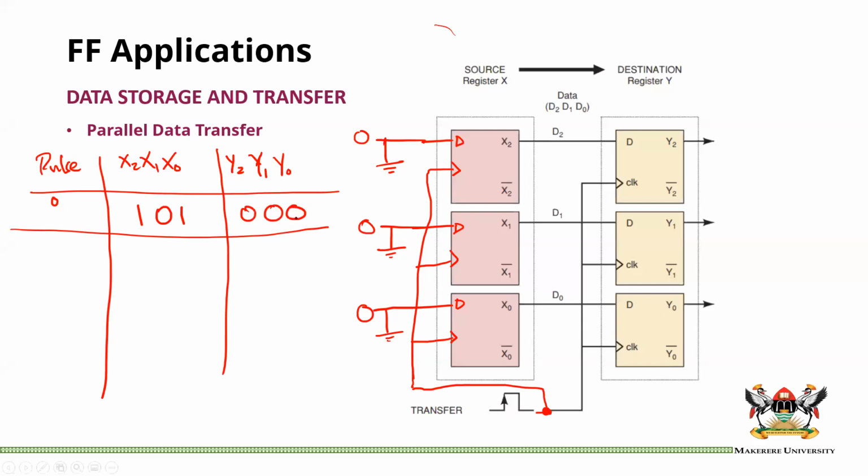In other words, there is information in x that is 101, but in y, the register is actually cleared. Okay, so there is nothing there. We have already seen that after the first pulse, the information in x will be transferred in parallel to register y. So we have a 1, 0, 1. What do we have at x2, x1, x0?